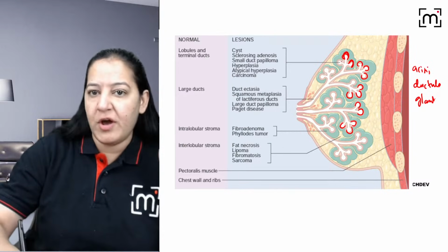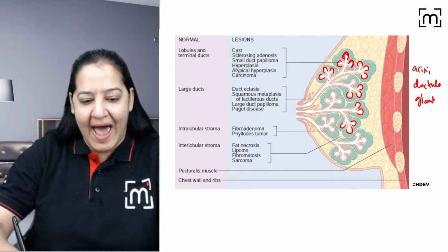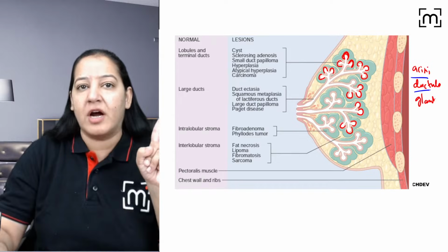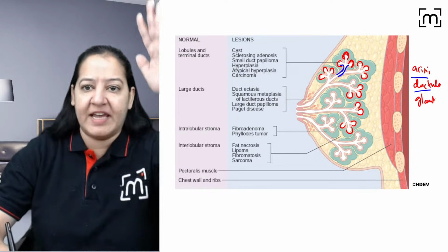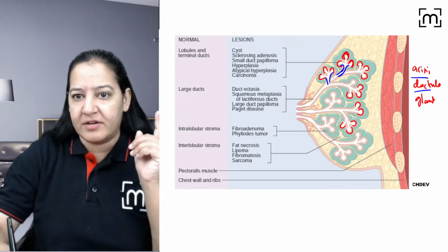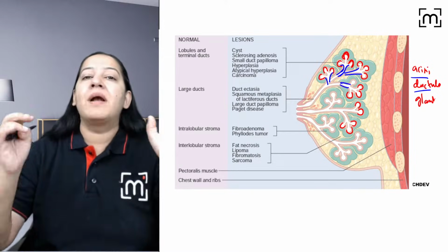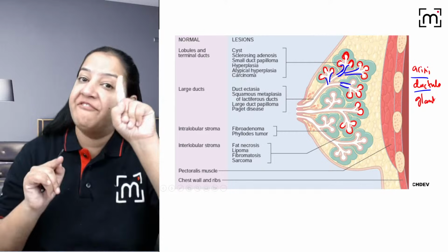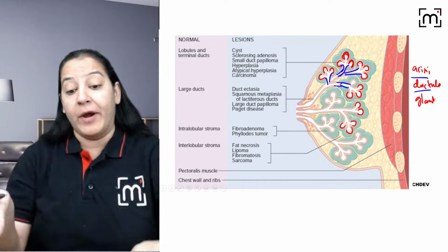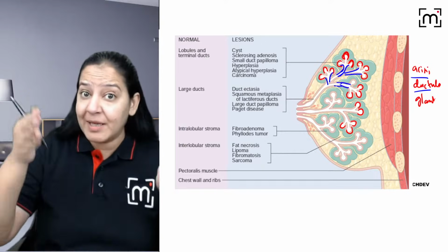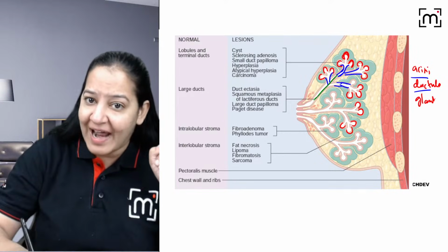The second point is that multiple acini or ductules open in one terminal duct. Can you see, here is one terminal duct, here is another terminal duct. Multiple glands open in one terminal duct. The third point is that multiple terminal ducts open in one lactiferous duct.